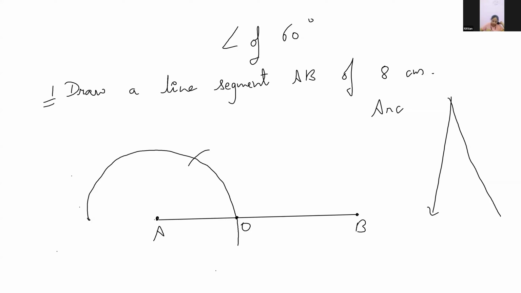Okay. Now put your scale on point A and take it to the point where you cut the arc on the semicircle, and draw a line from point A to that point.